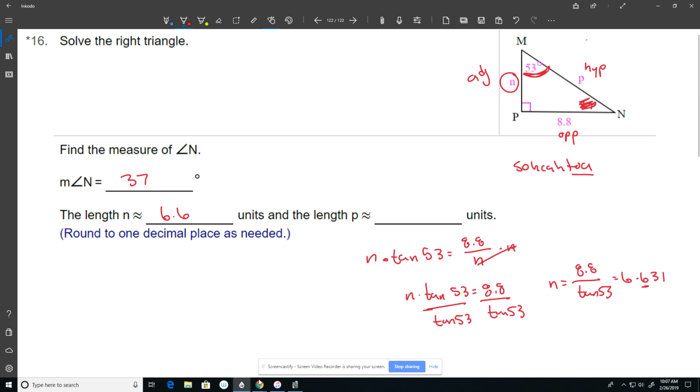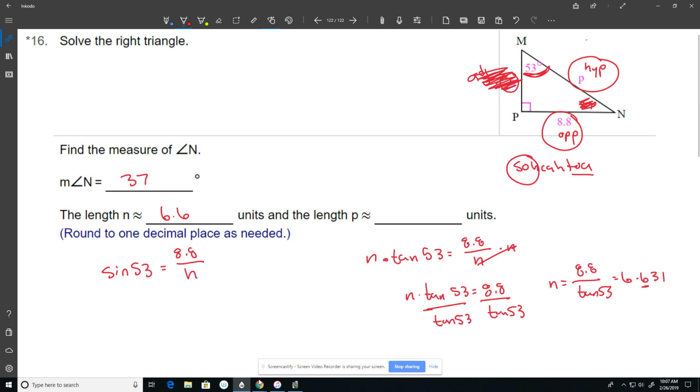Now I need to find the hypotenuse. I'm not going to use this number because it didn't give it to me. I'm going to still use my 53 angle. Now I have the opposite and I'm looking for the hypotenuse. So to use opposite and hypotenuse, I want to use sine. So the sine of my angle 53 is equal to the opposite side, 8.8, divided by the hypotenuse, which I don't know.